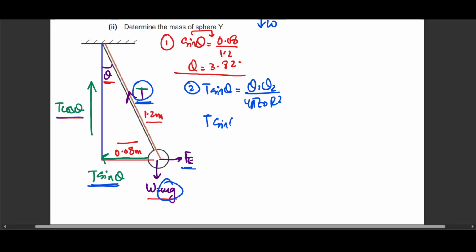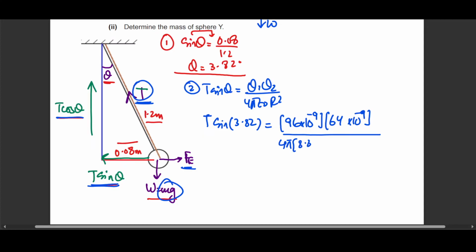So this will be T sine of 3.82 equals the product of charges, 96 into 10 to the power minus 9 times 64 into 10 to the power minus 9, since it is nanocoulomb, divided by 4 pi epsilon naught, which is 8.85 into 10 to the power minus 12, and the distance between the charges is 0.08.